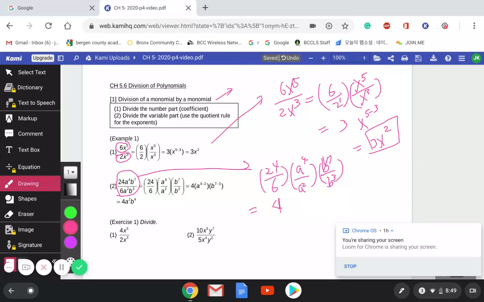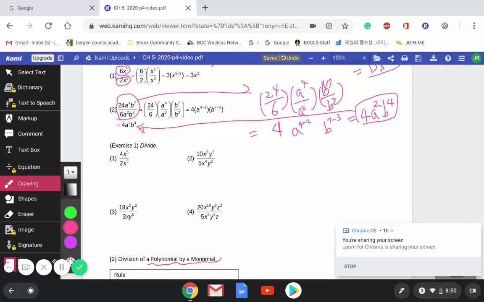And for division of the same base, you use the quotient rule, which becomes a to the 4 minus 2 and b to the 7 minus 3. You end up with 4a squared b to the fourth, which is the same answer as this. So monomial divided by monomial is quite easy. You just separate them or group them. Do some exercises.